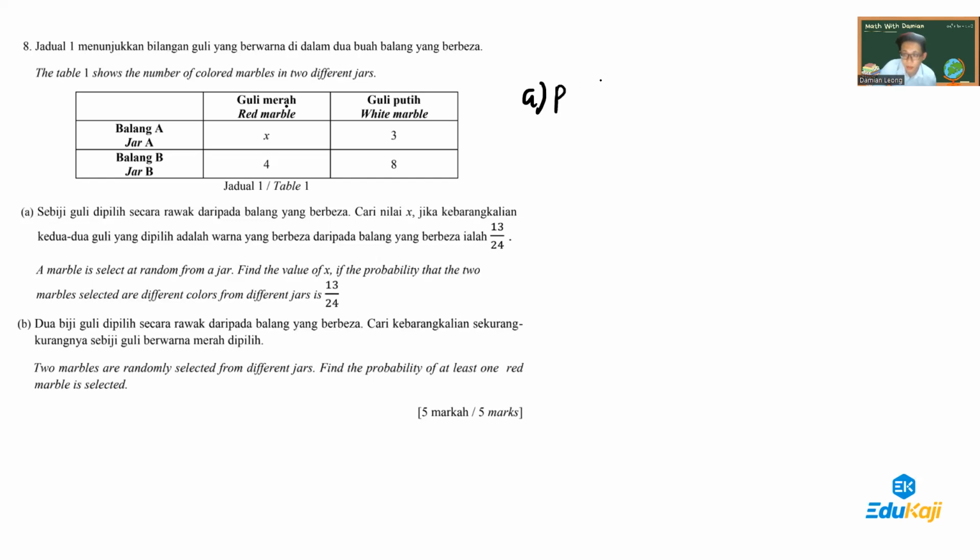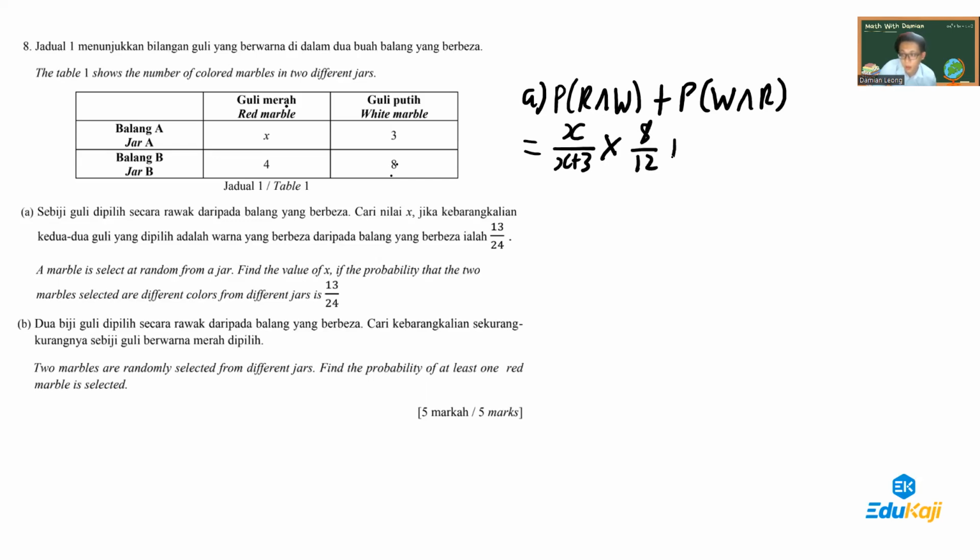If I select jar A and then jar B, red and then white, plus probability of getting white from jar A and red from jar B, which means probability of getting red from jar A, x over x plus 3, times probability of getting white marble from jar B, 8 over 4 plus 8 is 12.